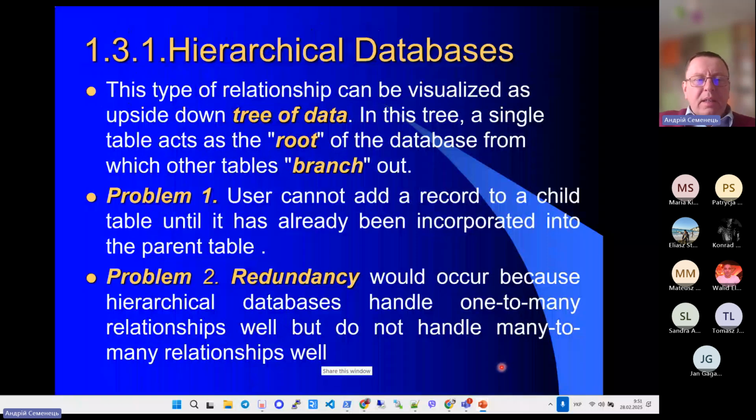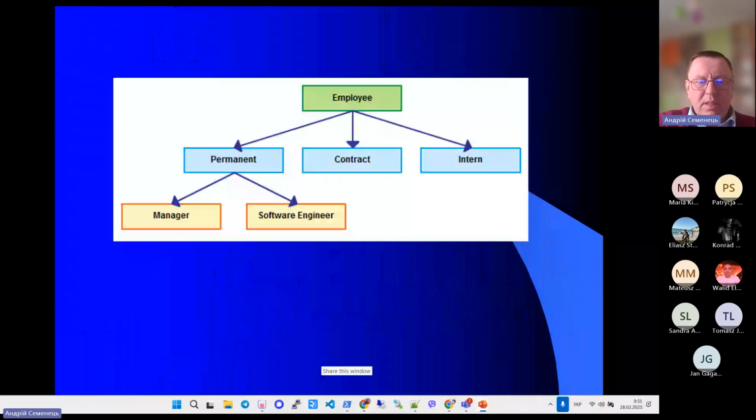Okay, in the case of a hierarchical database, we have the problem that we can't add a record to a child table until it's already incorporated into the parent, and redundancy, because in a hierarchical database we can't handle many-to-many relationships, which I will be speaking about in more detail soon.